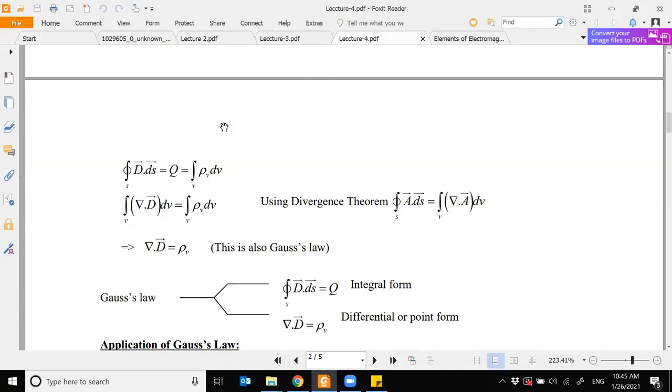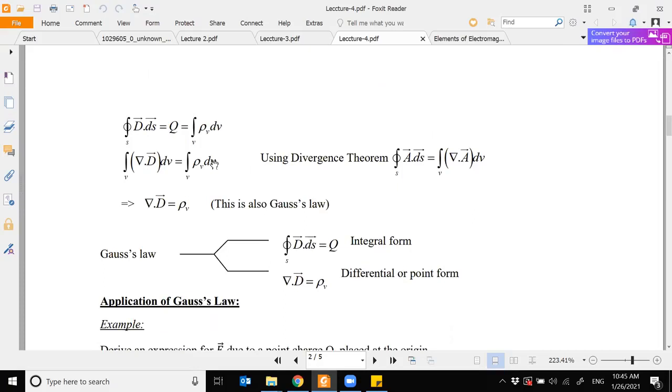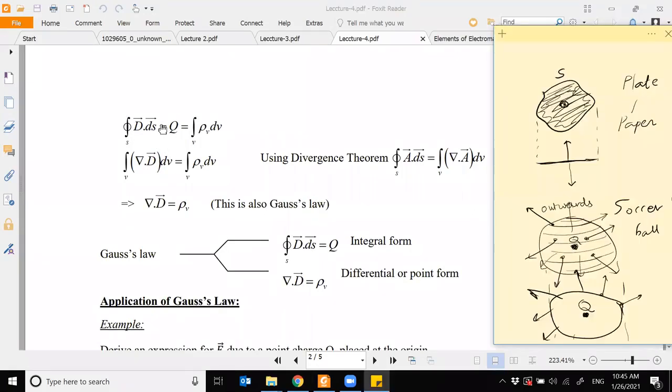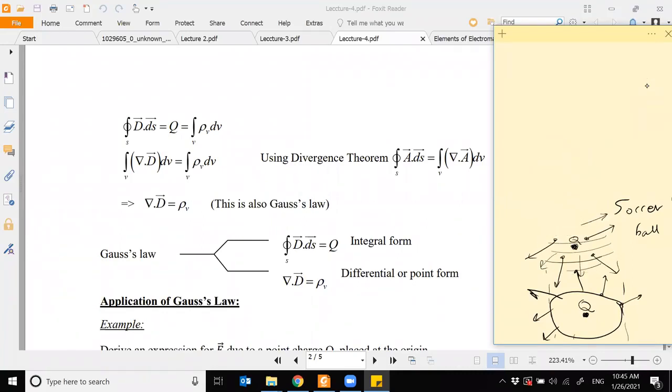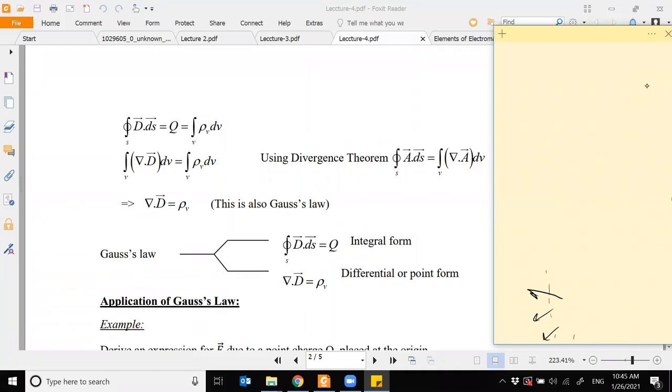Now, we are just rewriting the Gauss law here. So how are we rewriting it? If the closed surface integral D dot dS is the charge enclosed, which is the Gauss law, can I write charge Q as the integral of rho v dv for a very general case?